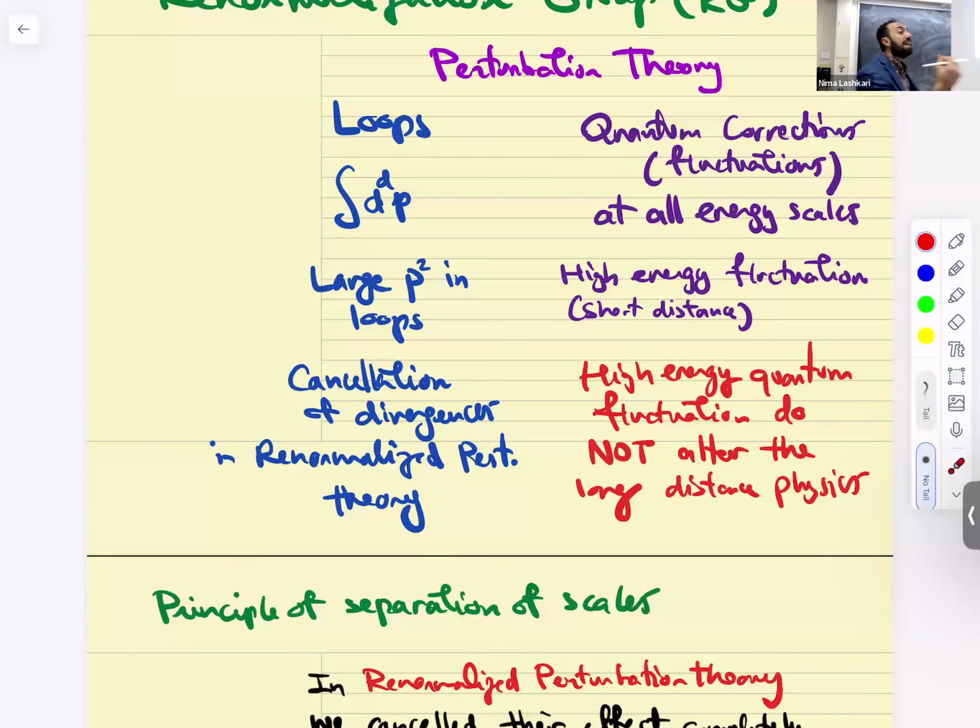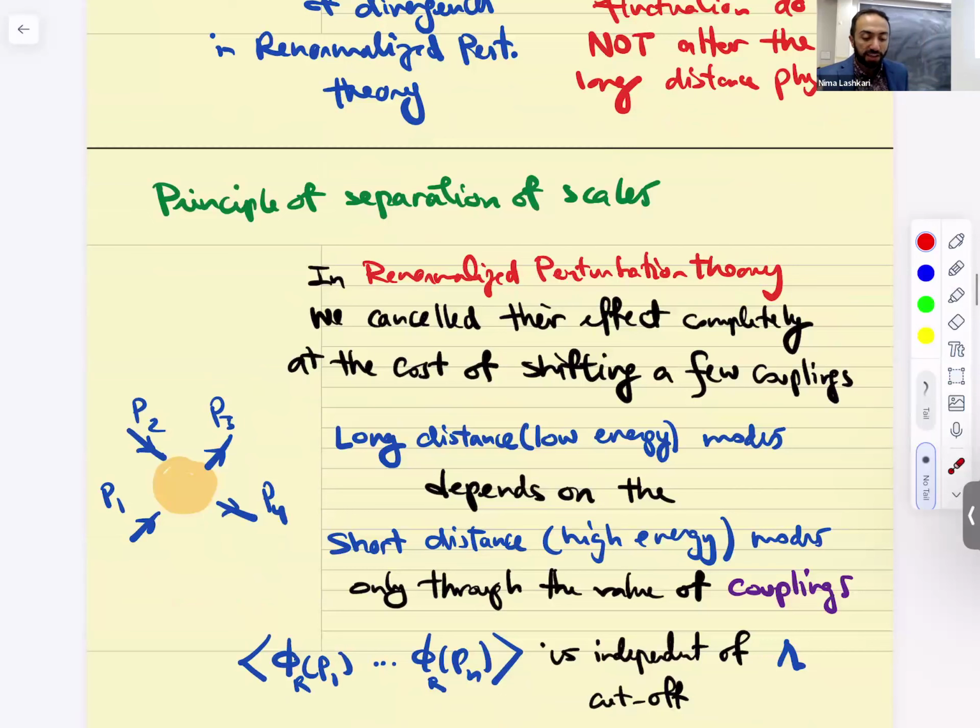The fact that we could cancel them meant that the only thing they could do is just shift a few couplings and renormalize them, shift the value of them. There was no other way they could contribute to anything else, right? This is the principle of separation of scales.